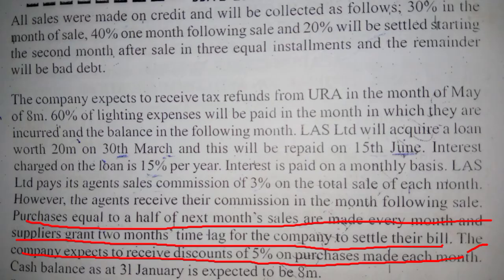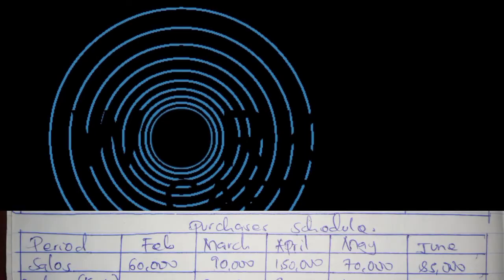Therefore, the company takes 2 months to pay the creditors, and they said the company expects to receive discounts of 5% on purchases made each month. Therefore, in order for us to get the amount that is paid to creditors every month, we have to draw a purchases schedule.